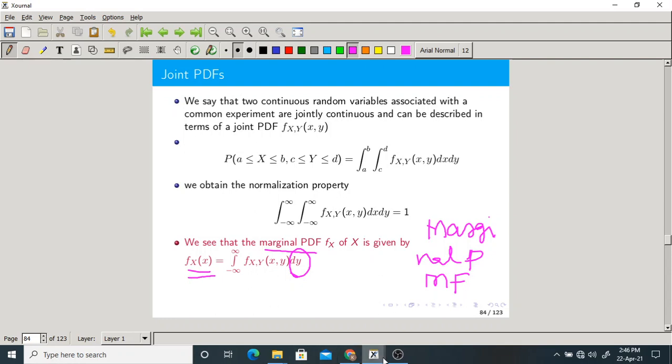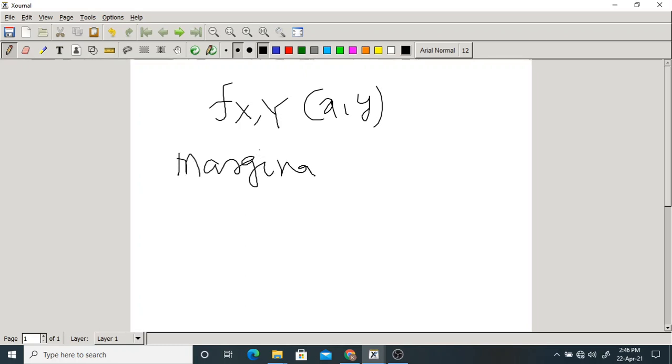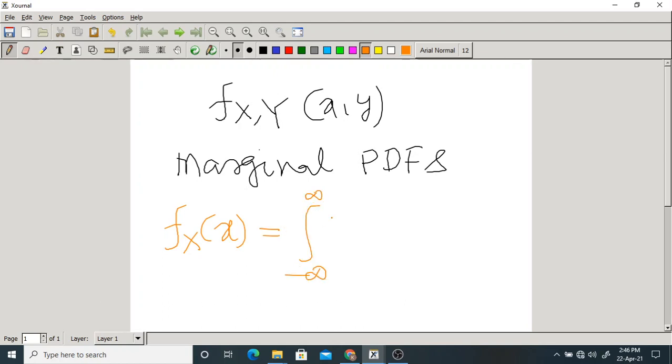Now I told you similar arguments in case of discrete random variables. Suppose you have a joint PDF. From this you have to find the two marginal PDFs. What will you do? How to get marginal PDFs? How to get fx of x? You have to integrate over y.